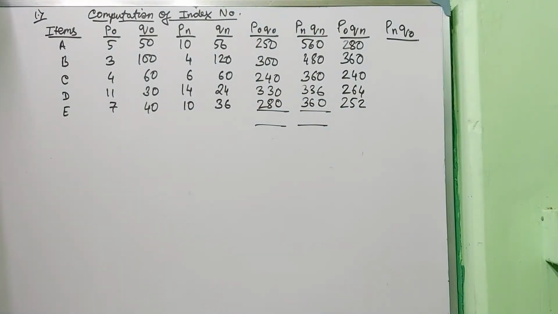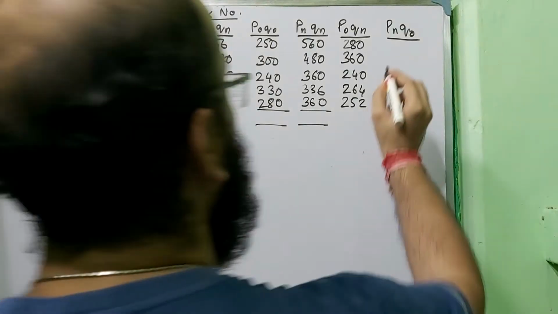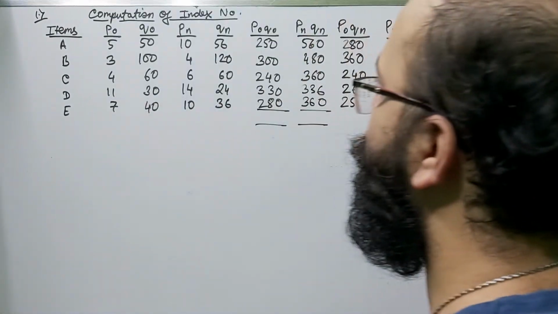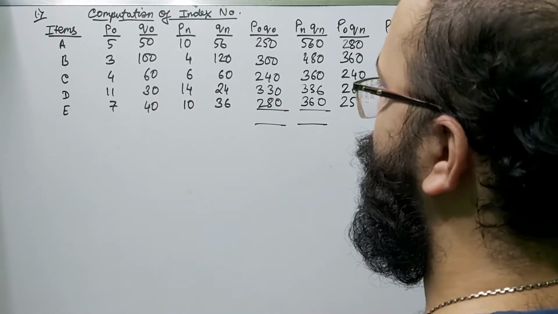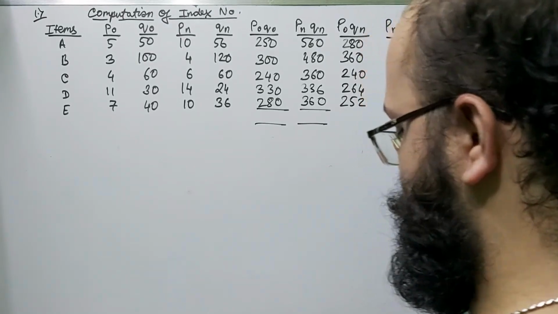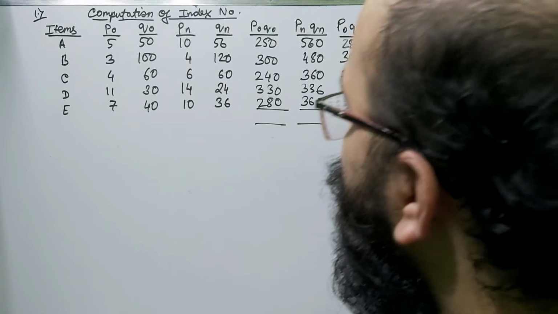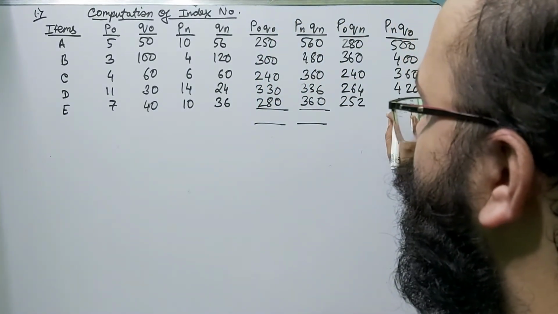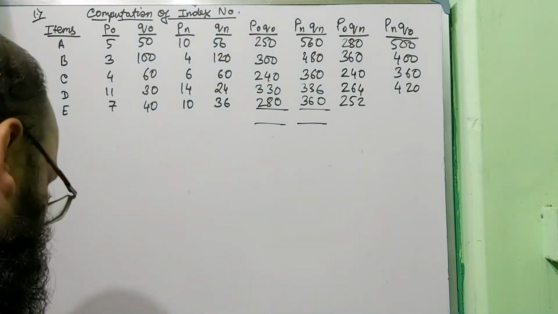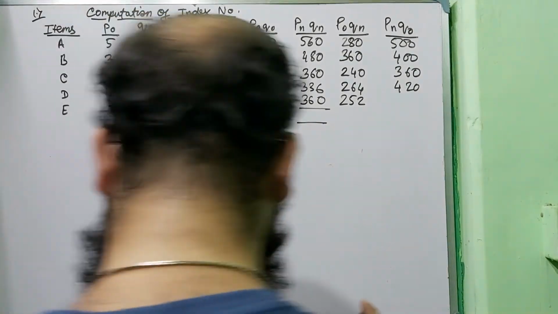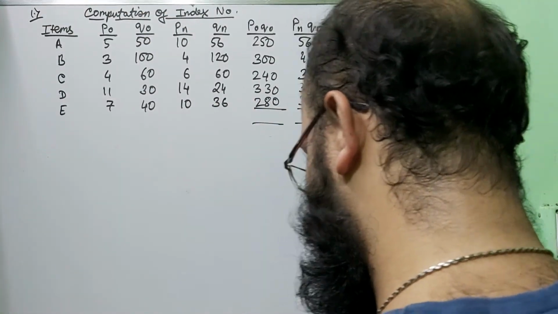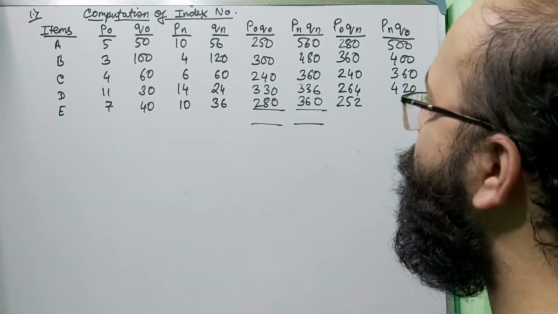Now PnQ0: 500, 400, 360, 420, 400. PnQ0 is 14 into 30, yes, 420.